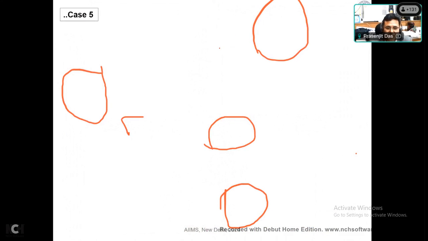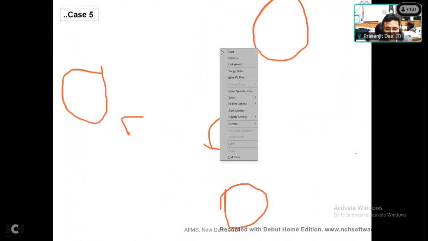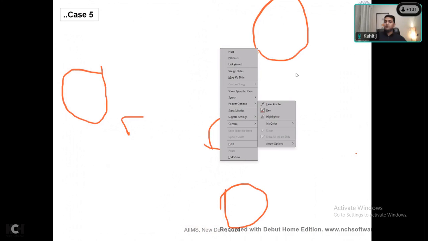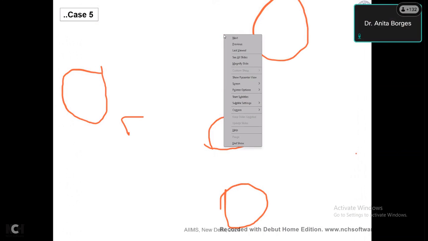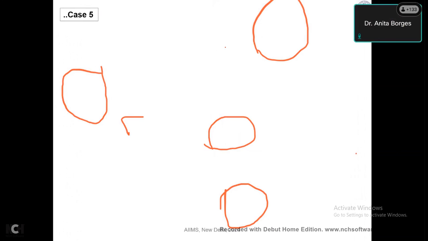How to get rid of these markings? Sir, when you move to the next slide, it will go. I have already moved. No, it won't. Have you got a menu on the left-hand side of your screen?